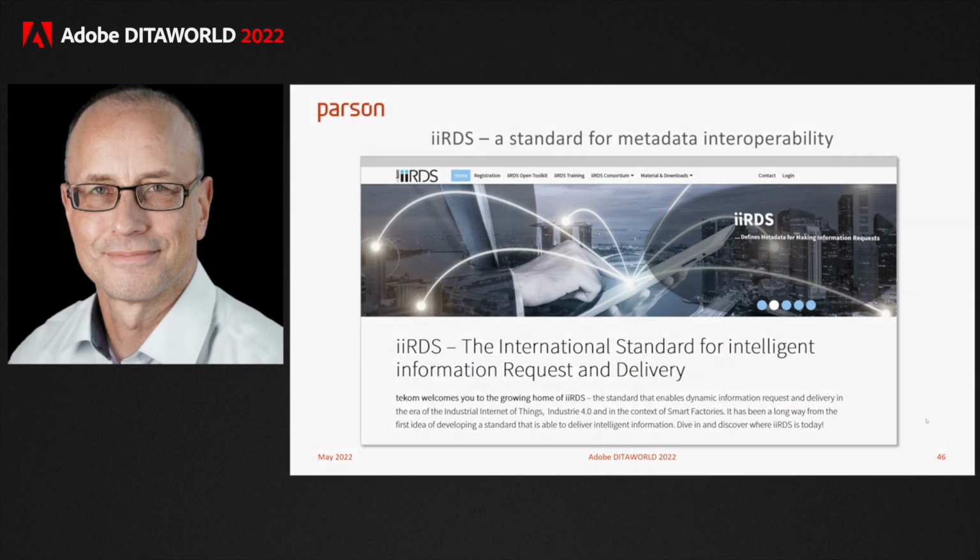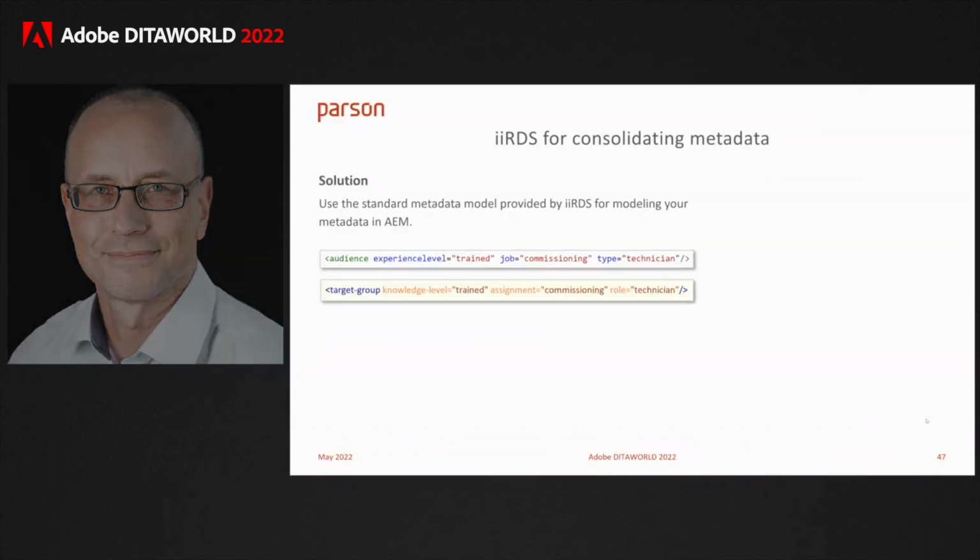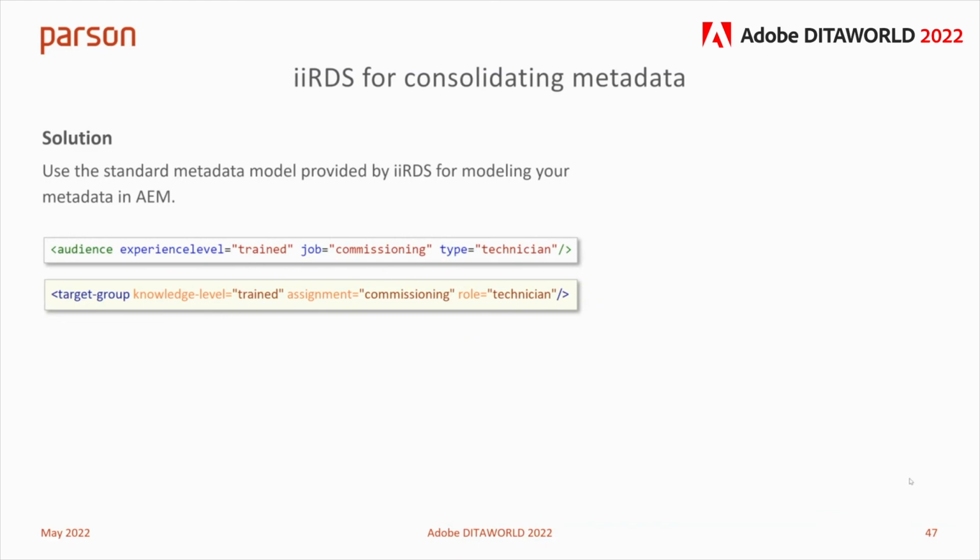Let's look at an example for that. You have this metadata with the same meaning but different labels. And if you look at how the content of this metadata is modeled in iiRDS, you could use these iiRDS metadata classes, as they are called, to consolidate your metadata.